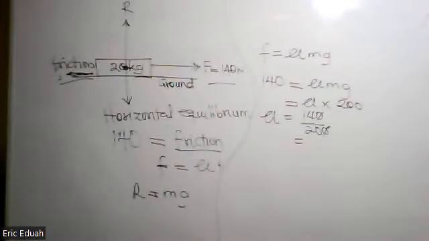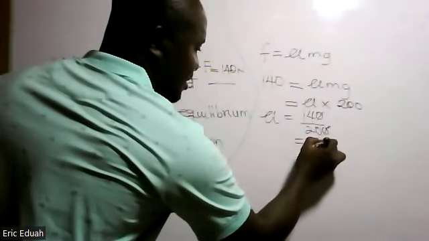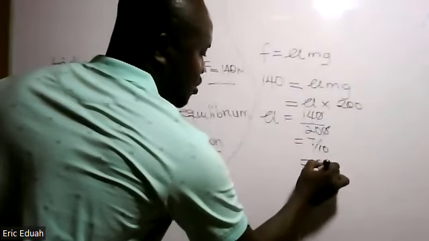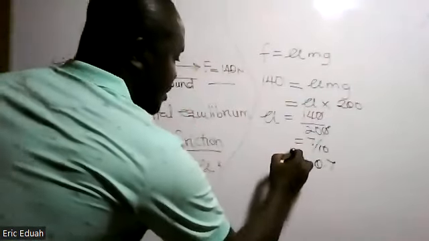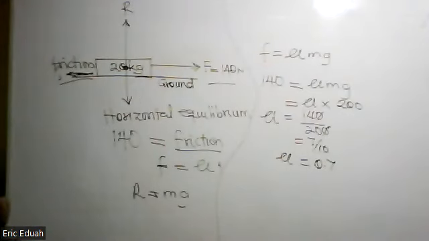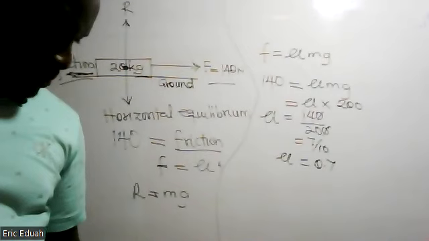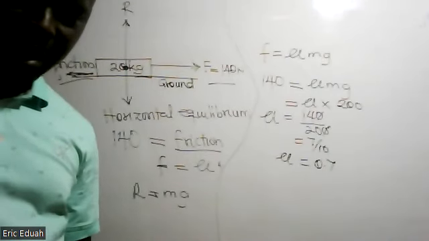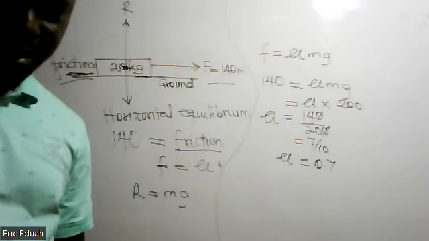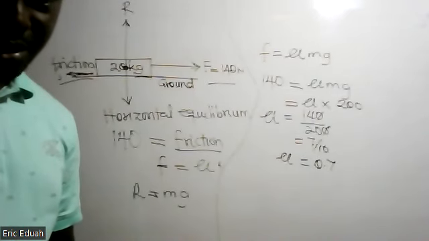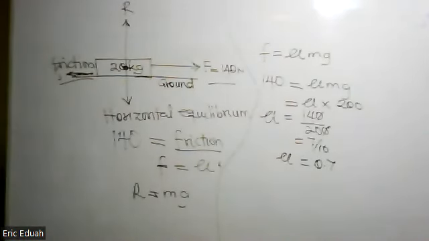And what is 14 over 20? 7 on 10. So we have 0.7 as the coefficient of friction. Please, are we fine? Sir, please, does it have a unit? No, it's non-dimensional.